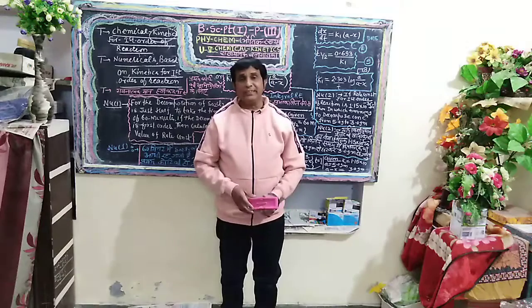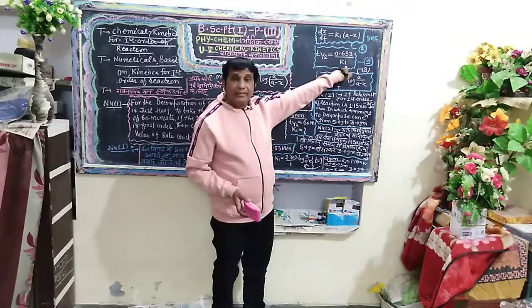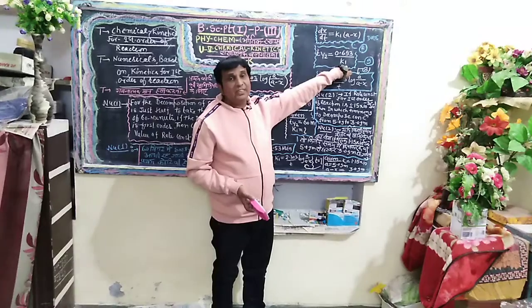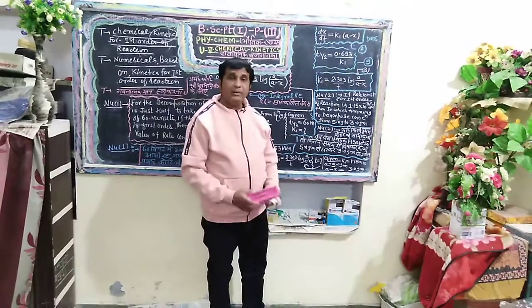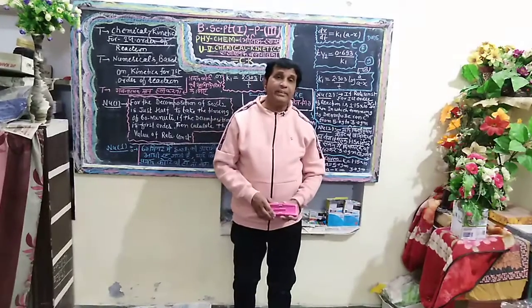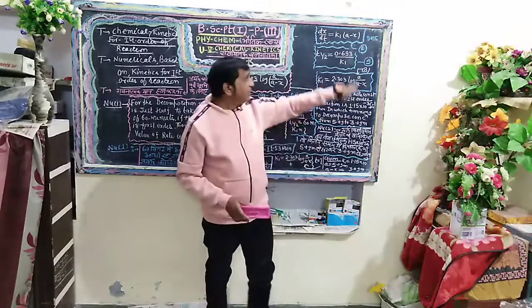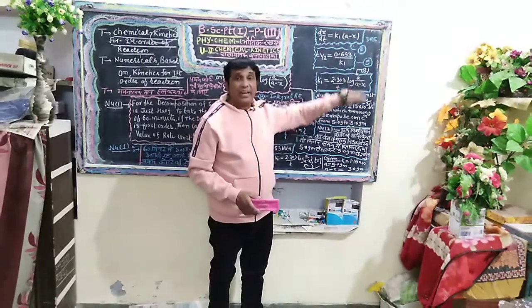The very simple answer, students of BSc Part 1: in equation number 9, the initial concentration of A is not involved. So obviously, for first order of reaction, half-life period is independent of the initial concentration of A, because the initial concentration A is not involved in equation number 9.